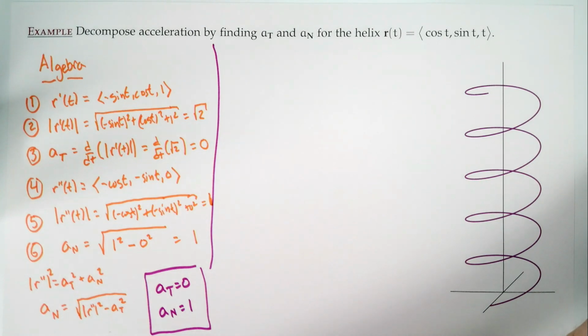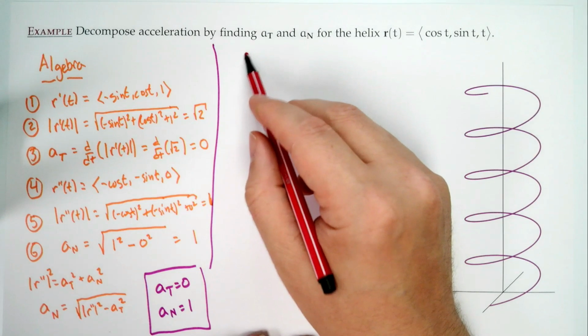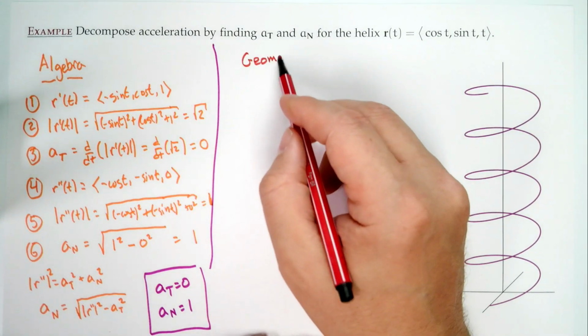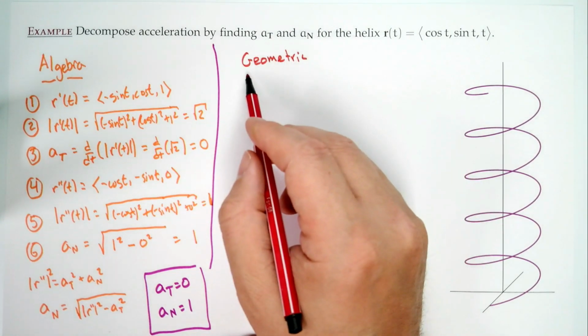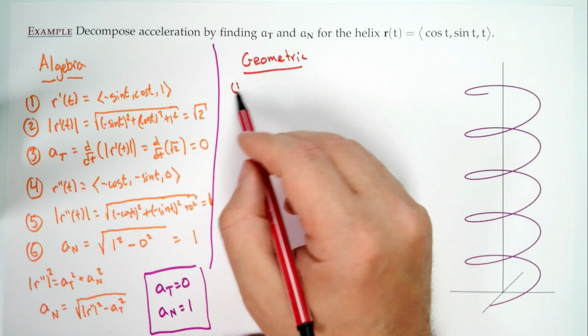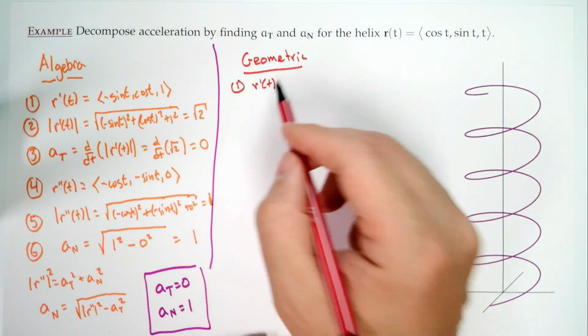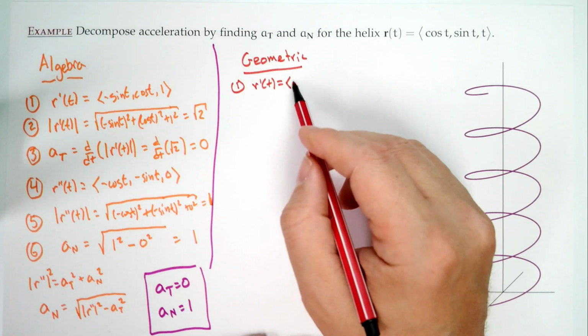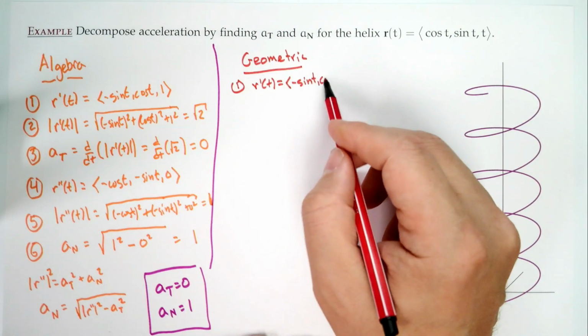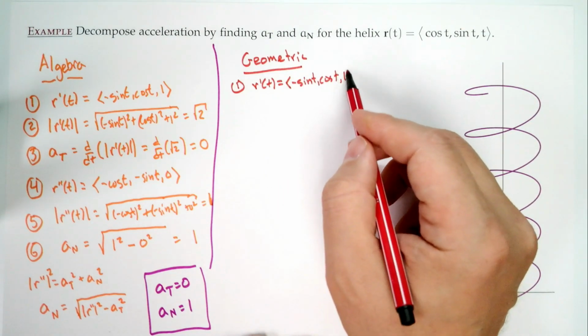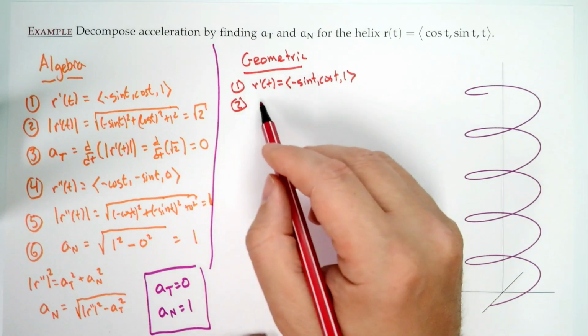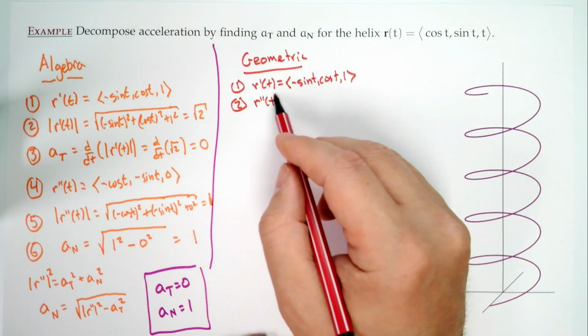So, what's geometric? Well, geometric says you need to start by building up your vectors. So, step 1, you find r prime of t. In our case, that'll be negative sine, cosine, 1. And step 2, you should find r double prime of t.